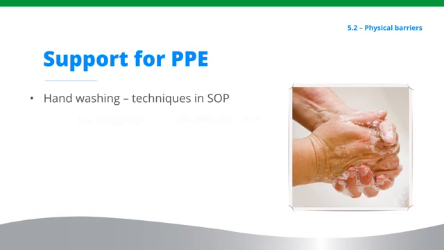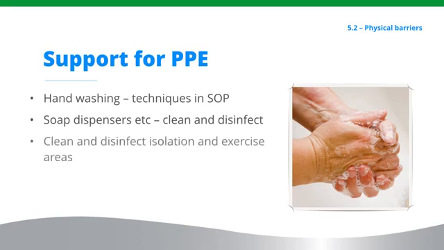Equipment such as liquid soap dispensers should be regularly cleaned and disinfected with a separate solution to the formula contained in the dispenser. The properly maintained isolation ward is a key element in barrier hygiene. The exercise areas should be maintained in a high state of decontamination at all times. After each isolated animal is exercised, the strictest high-level cleaning and disinfection processes should be conducted.